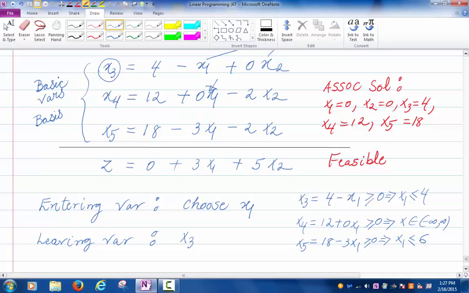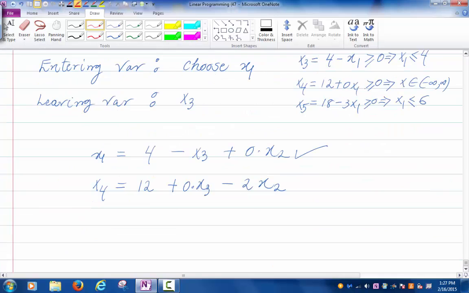Am I making sense? Maybe let me write this. Can someone tell me what the second equation was that we had? The second equation was x4 equals what? 12 plus 0x1 minus 2x2, right? Is that right?